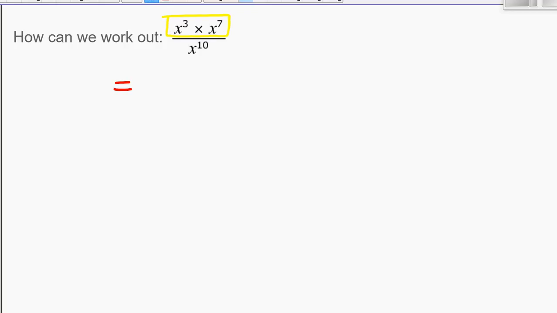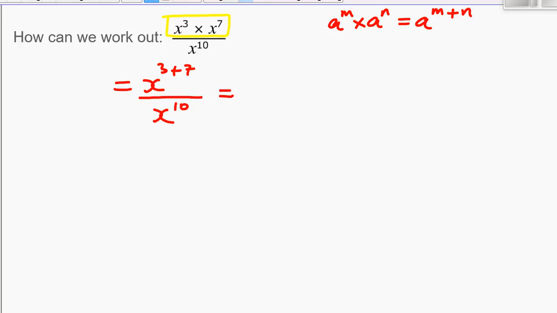And we know that if you have a to the power m multiplied by a to the power n, it's equal to a to the power m plus n. So we just add them up: x to the power 3 plus 7 over x to the power 10, which is just x to the power 10 over x to the power 10.